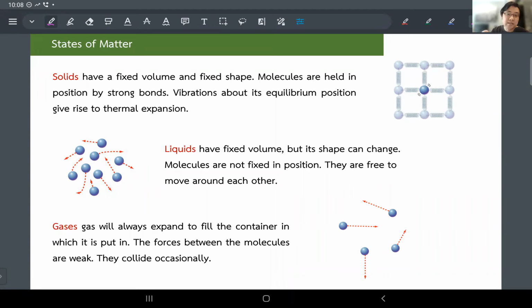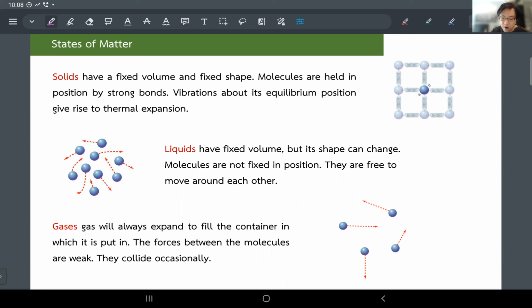Then the liquids come in between. Somehow they have some interaction, however they still have the ability to change shape depending on the shape of the container. So these all depend on fine details of the interactions between molecules inside those matters.